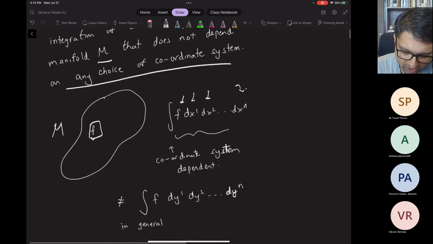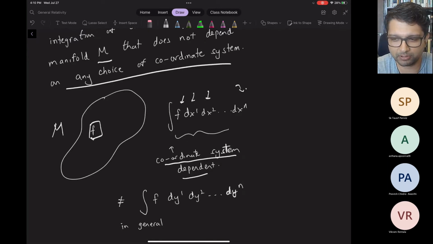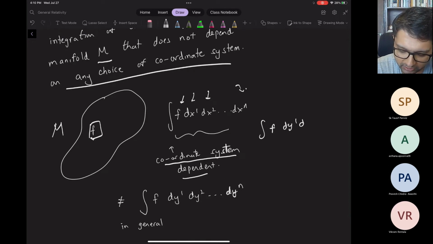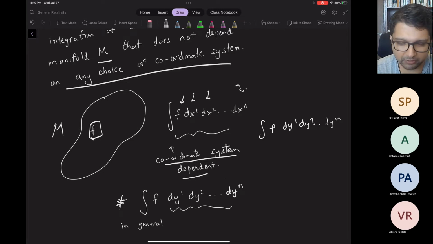Now, a couple of things. One is this is coordinate system dependent. Supposing I change my coordinate system, then I'm doing an integration over f dy1 dy2 dyn, and these two may not be equal in general. It depends on what the Jacobian of the transformation is.